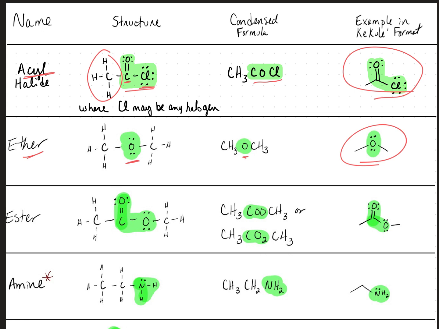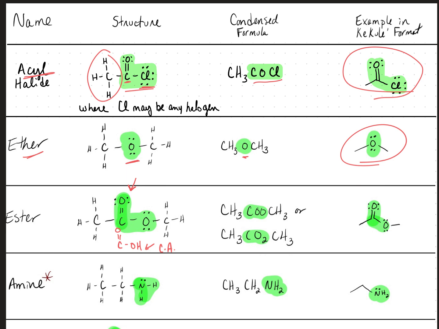Ethers are again similar to an ester. Esters have a carbon that has a C double O bond as well as an oxygen in the middle of a chain. Remember, if we were to put a COOH, this is a carboxylic acid.